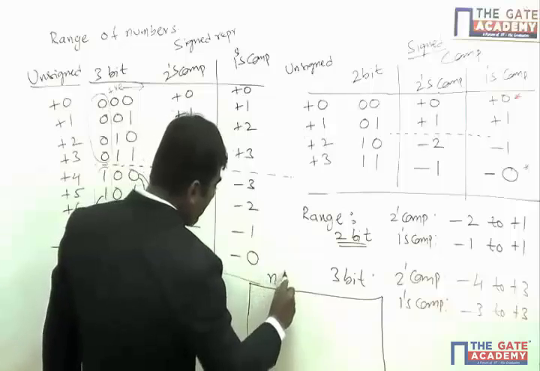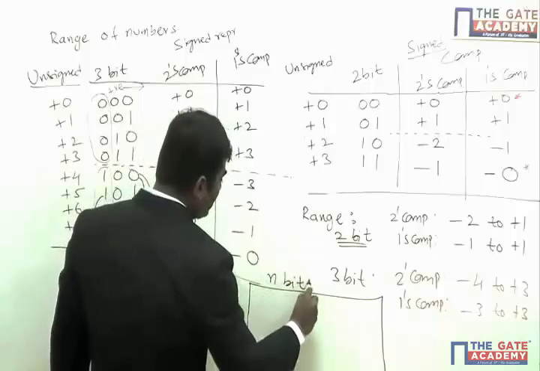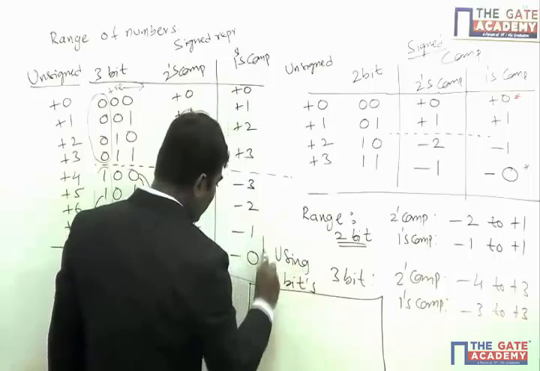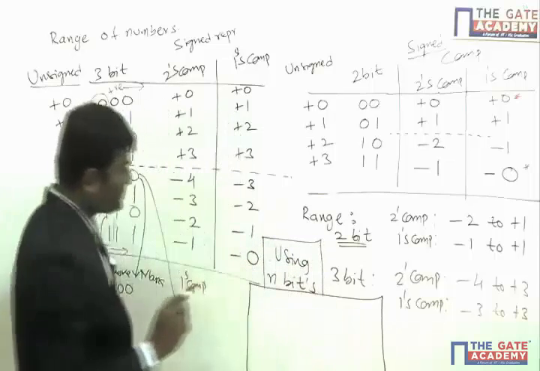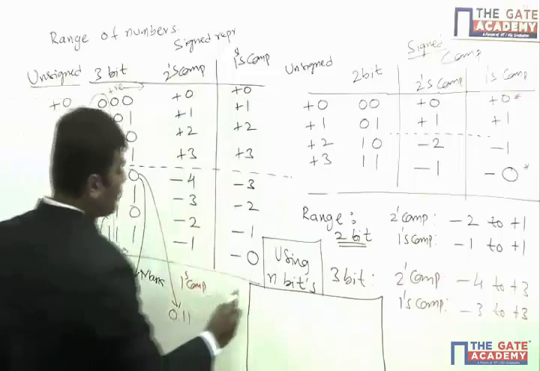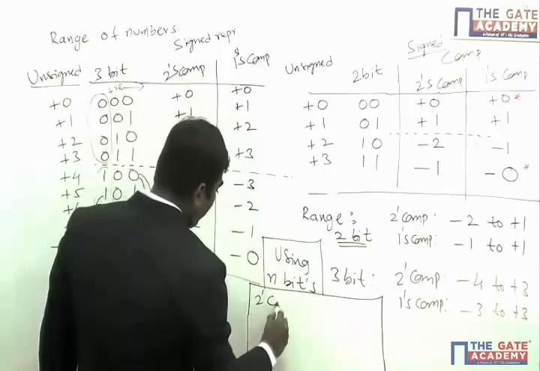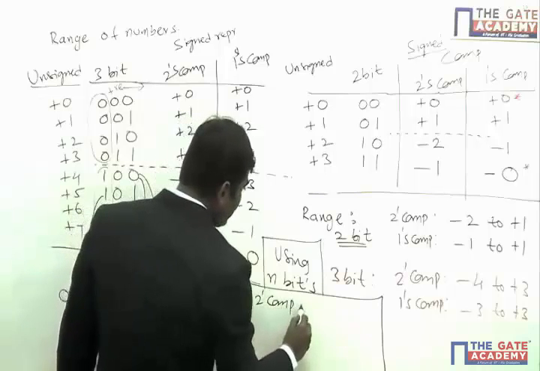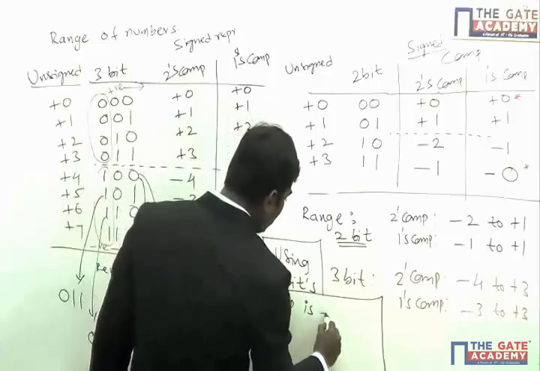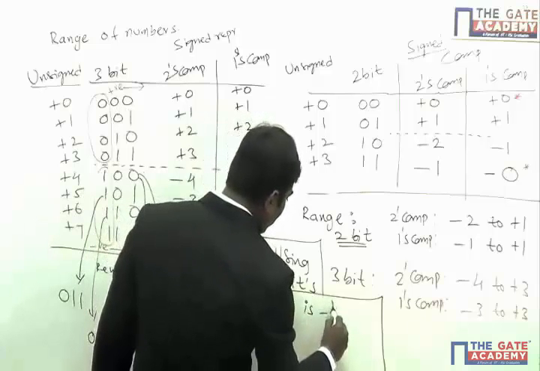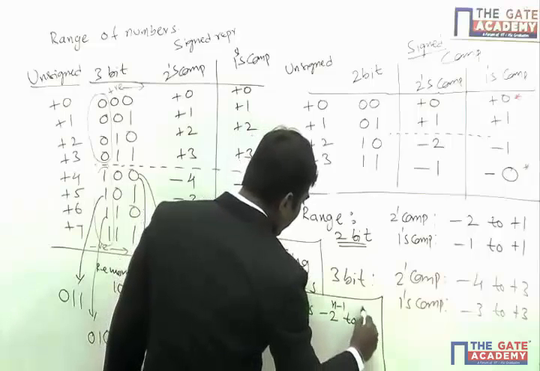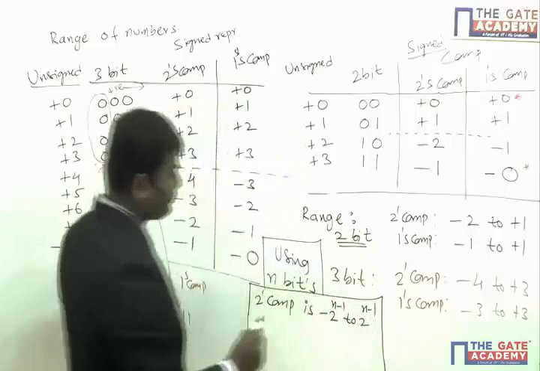Using n bits. Range for 2's complement is minus 2 to the power of n minus 1 to 2 to the power of n minus 1.